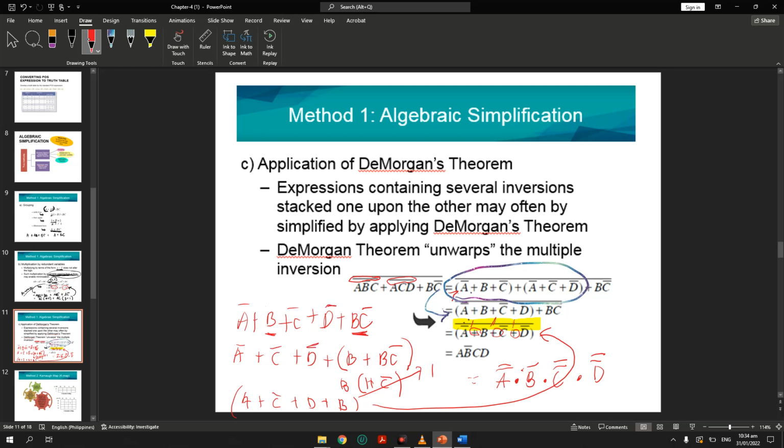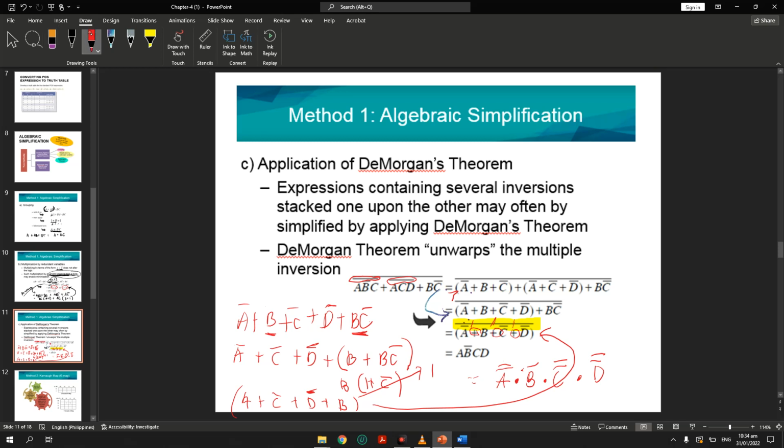Sorry, this one is D bar. I misread the given, because when I circled it, I forgot that D has a bar. So it becomes D double bar.